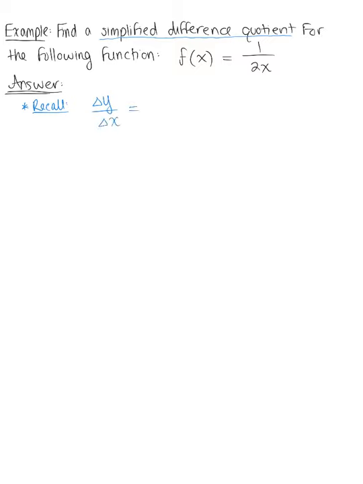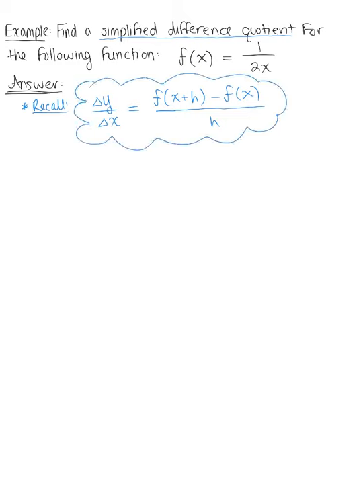And here we're thinking about a simplified difference quotient between some point x and x plus h. So the difference quotient is defined as f of x plus h minus f of x all divided by h. So this is the formula that we are looking for here.